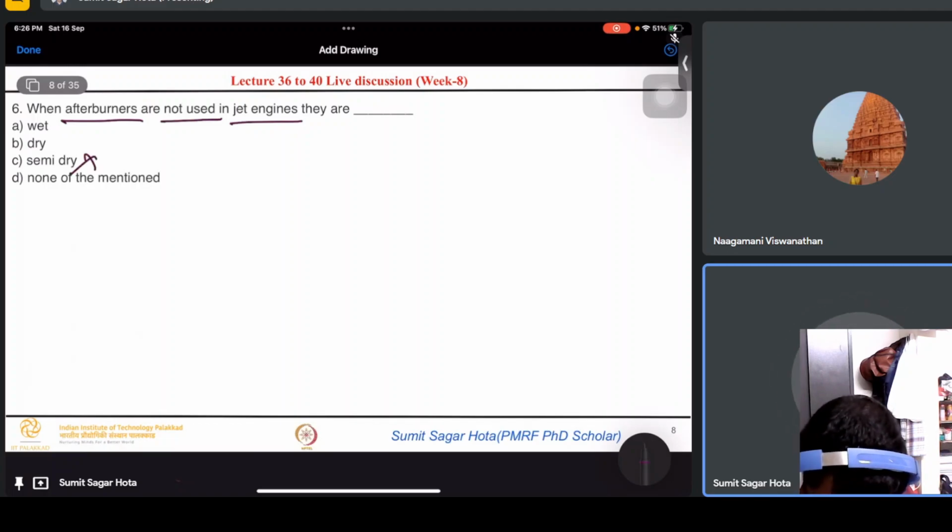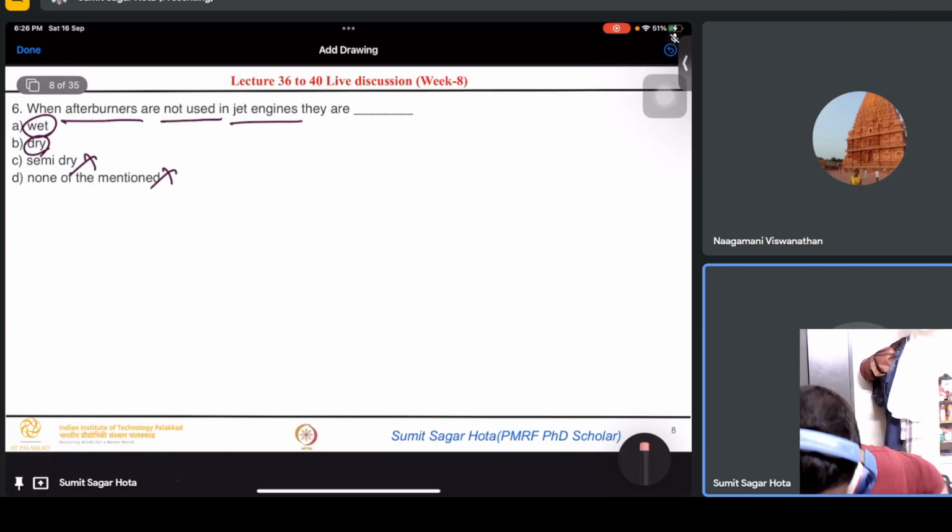There cannot be any semi-dry, and none of the mentioned cannot be the case. Either it will be wet or it can be dry. Afterburners are not used in the jet engine, and the exhaust gas becomes dry. That's the reason.